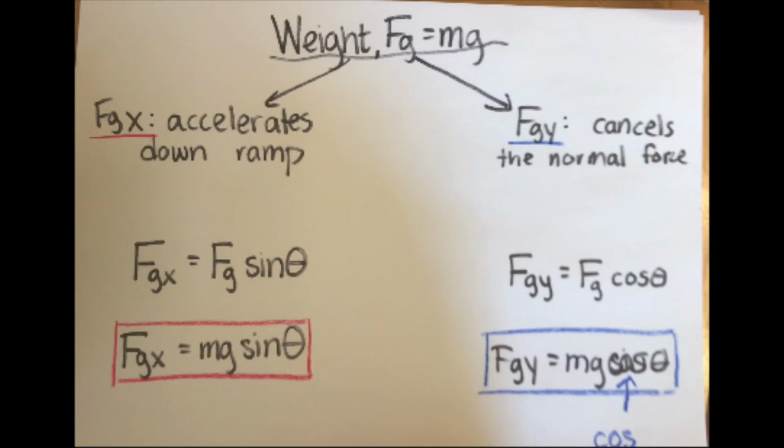Because we rotated the coordinate system, x no longer only goes with cosine. In fact, you should write this down. For ramps and ramps only, FGX, the x component of gravity, will be associated with sine, and FGY will be associated with cosine. But you should be able to tell these apart because this should only occur on inclined planes.